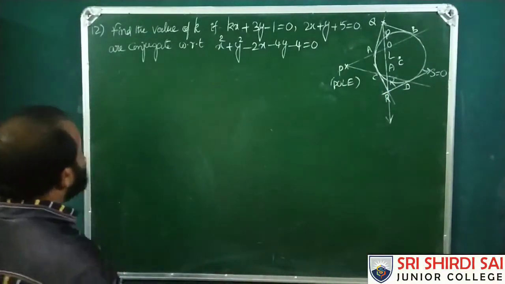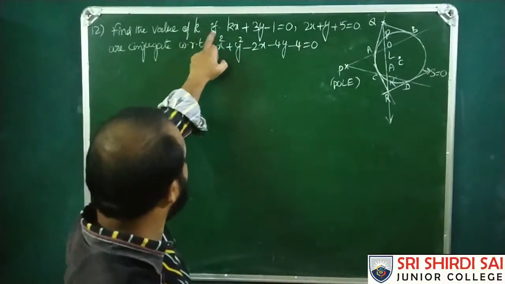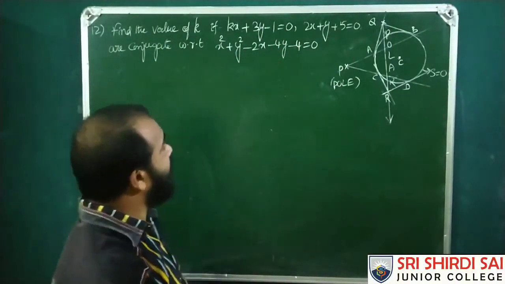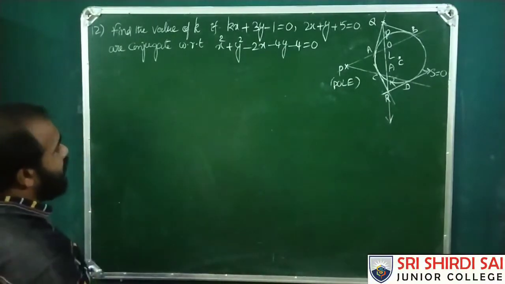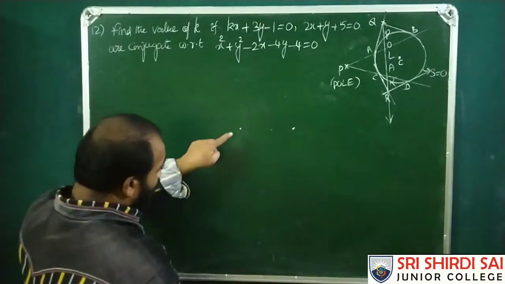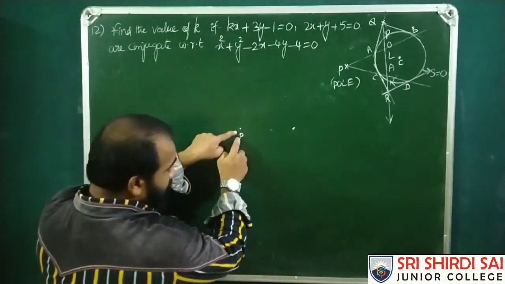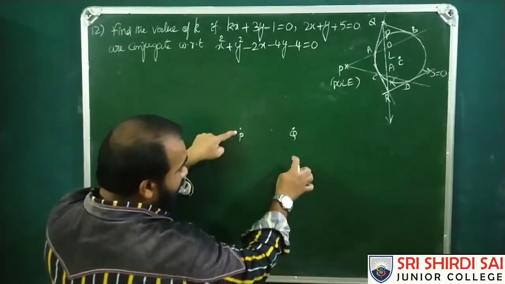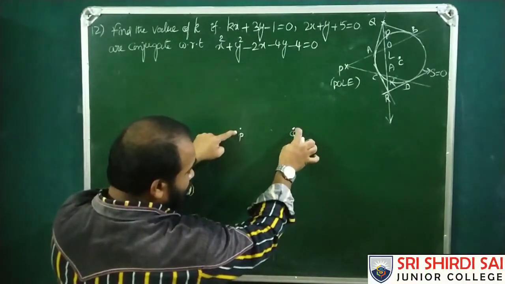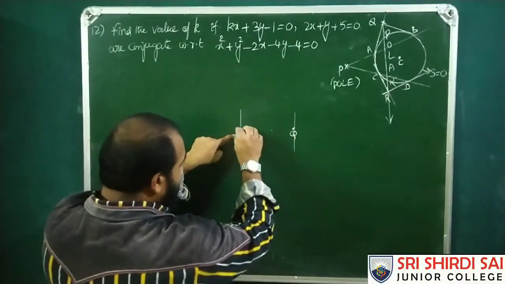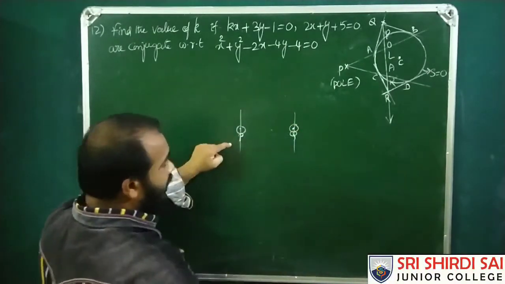Now the next question is: find the value of k if the two lines are conjugate with respect to the circle. So the earlier question: two points are conjugate if the polar of this point is passing through Q and the polar of this point Q is passing through P. Then these points are said to be conjugate points.